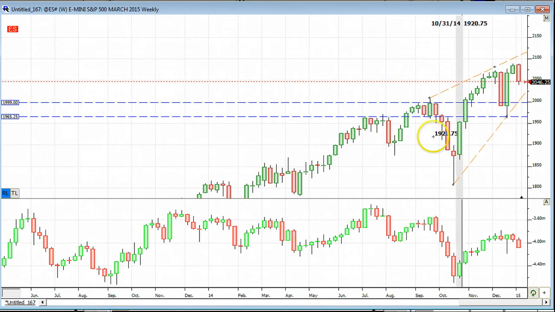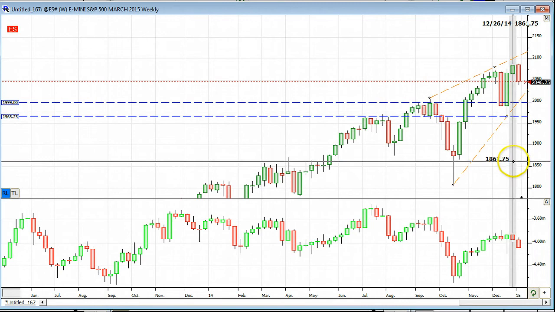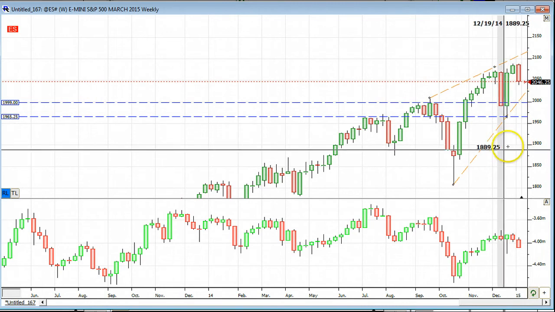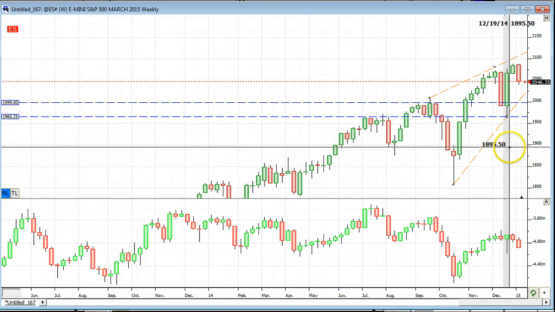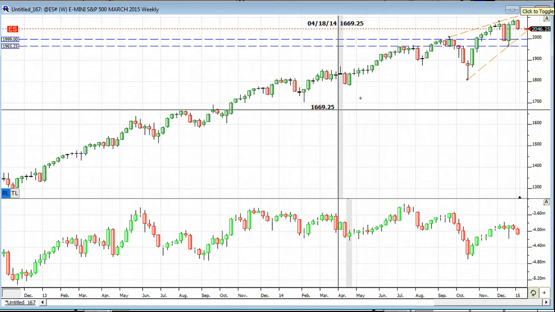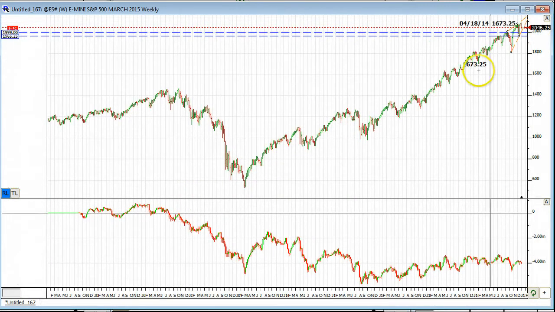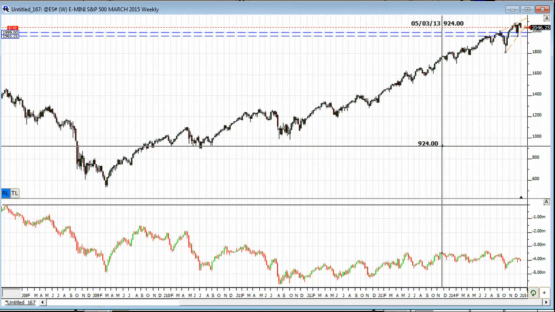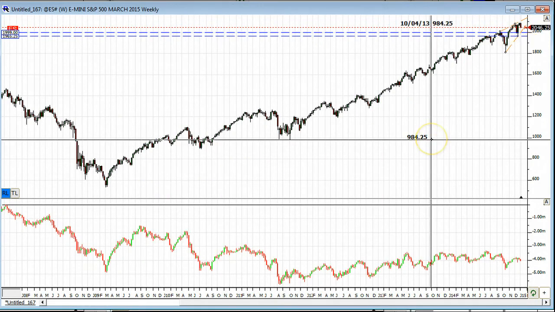If we do break below the 1965 to 2000, then we should expect a drop to come challenge 1900. But even if at 1900 we do see price there, it is really not much considering the fact that we have had such a colossal run all on pure simple market manipulation from the Fed. Will they continue into the 7th year or not?